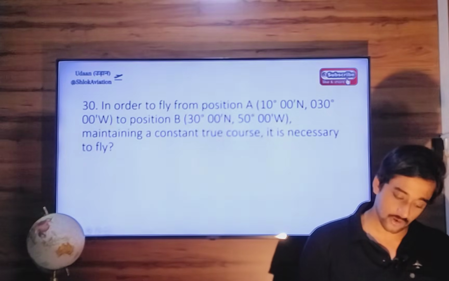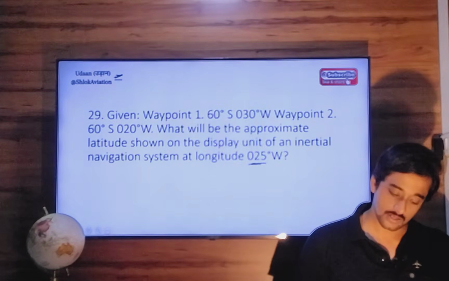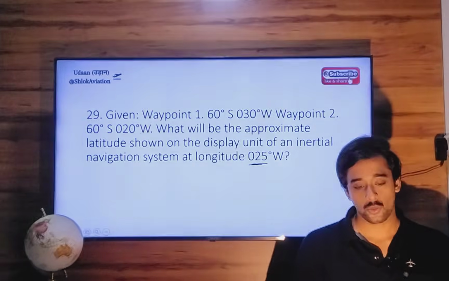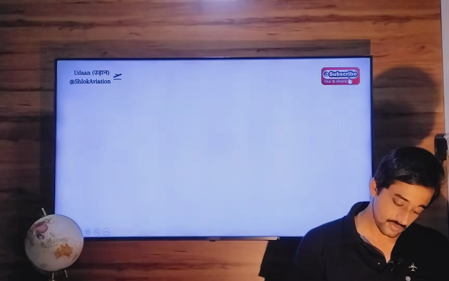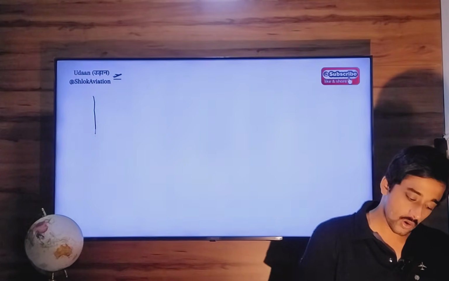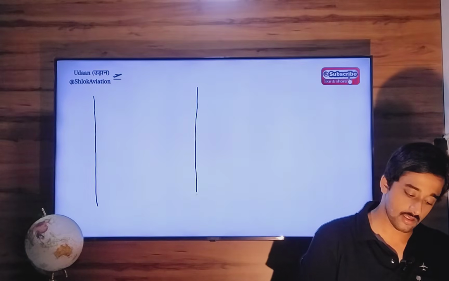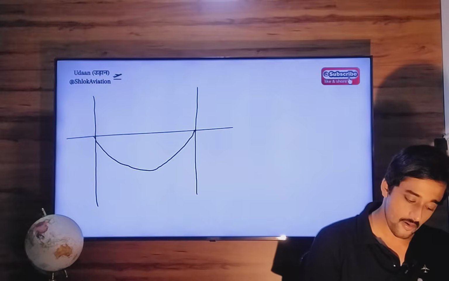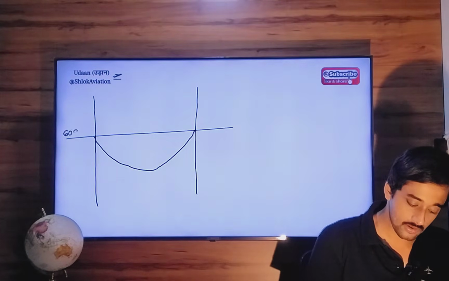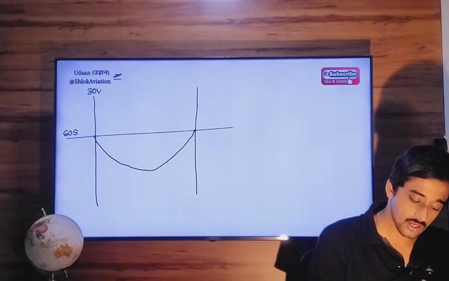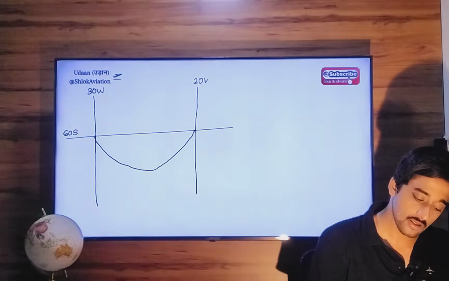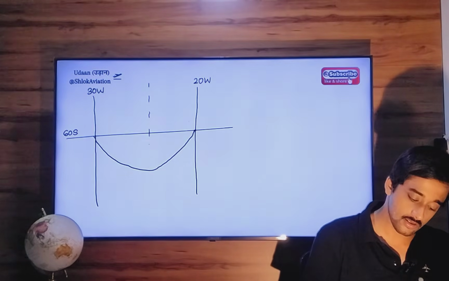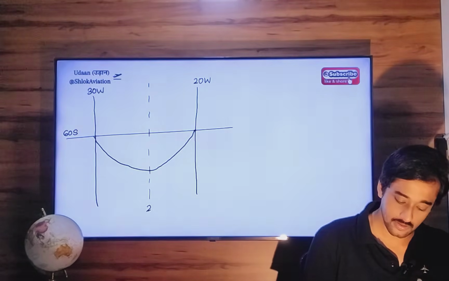So you're traveling from 60 south, 30 west to 60 south, 20 west. The concept will remain the same, nothing will change, but the great circle will pass like this. So 60 south, 30 west, 20 west, and 25 west, this longitude.